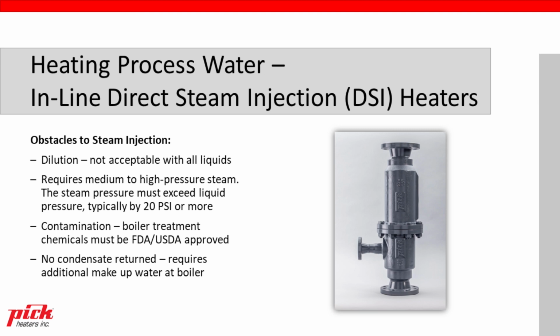So if you are heating potable water with this device and your boiler chemicals are FDA approved, the hot water leaving this unit is still considered potable. With this device, there's no condensate return. That condensate is consumed. It becomes part of the water that's going to your process. So that will require a slight amount of makeup water at the boiler.